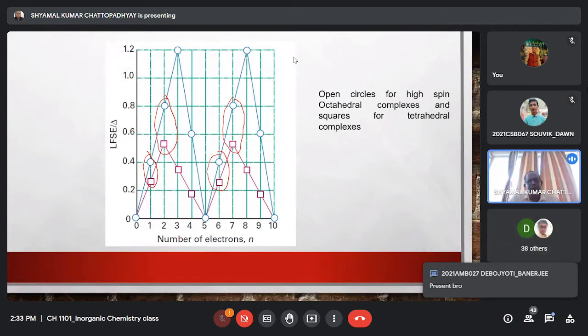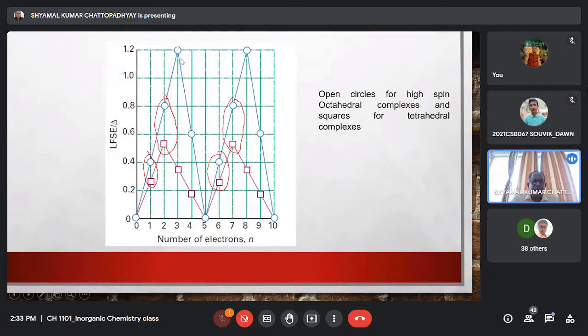So certain metal ions can easily form tetrahedral complexes where this gap is small. Certain metal ions are reluctant to form tetrahedral complexes where this gap between octahedral site and tetrahedral site is quite large.